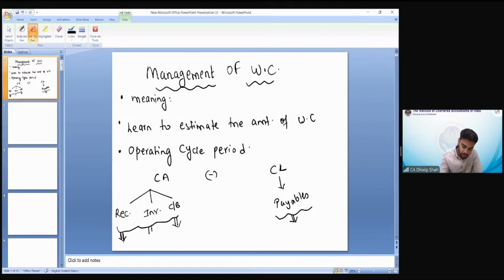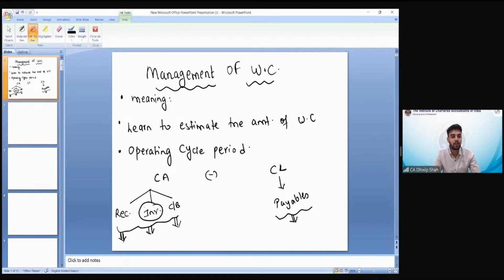Now, we also have a separate chapter for managing inventories, for managing the stock, called inventory management. But this is already covered in your cost and management accounting. Costing में आपका cover हो गया है. Material costing. Do you recollect EOQ वगैरह?